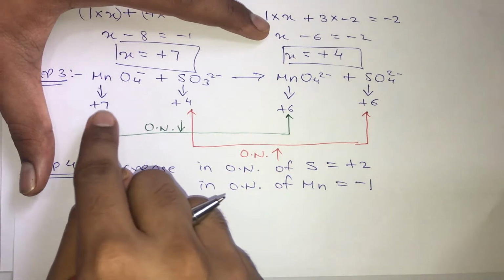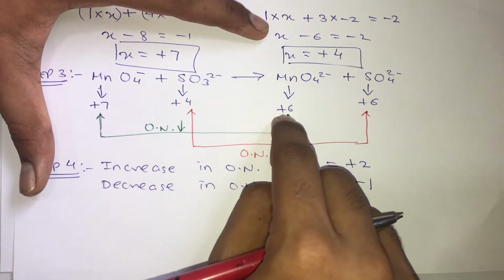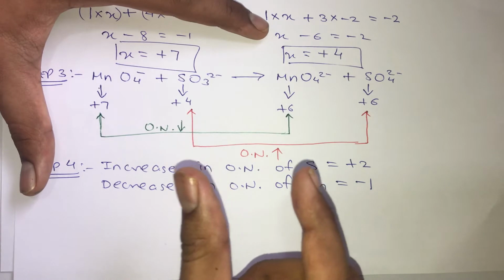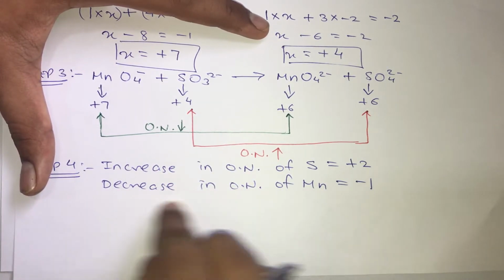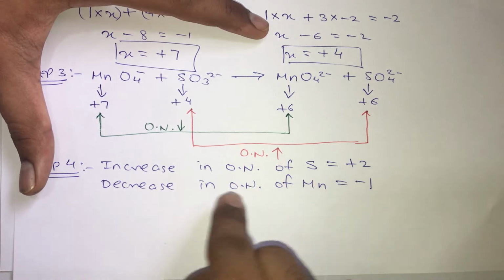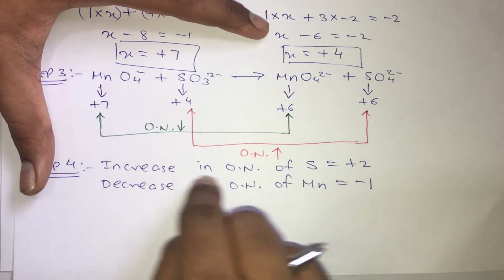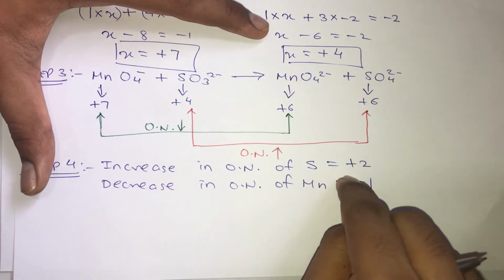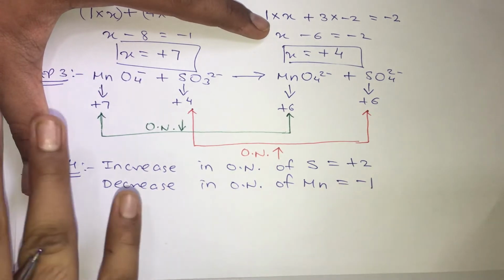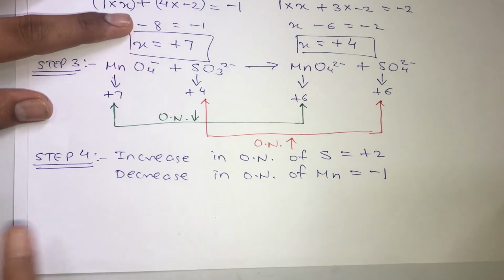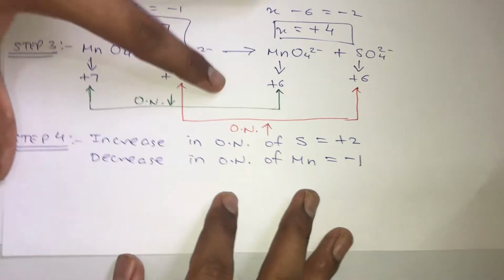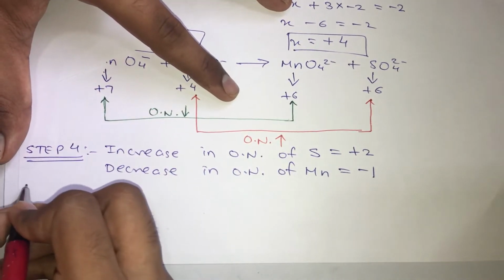If you subtract 1 from +7, you're obviously going to get +6. So what is the change? We require the change. So the oxidation number has decreased by -1, whereas in the case of sulfur, the oxidation number has increased by +2. Am I right, guys? So I hope this step 4 was pretty much clear and easy as well. Now let us write step 5.